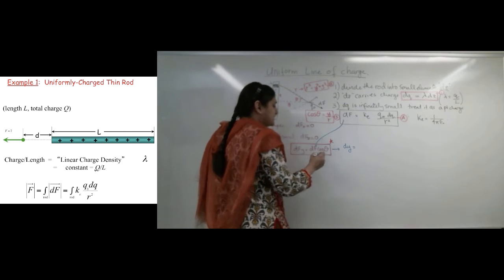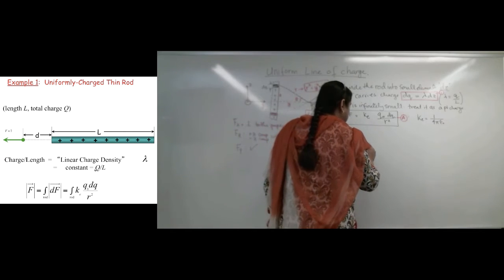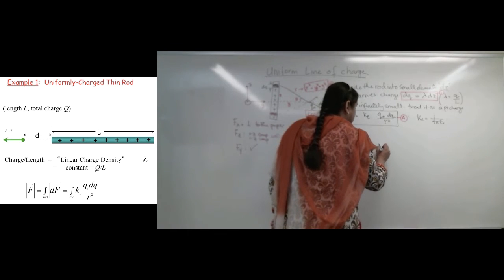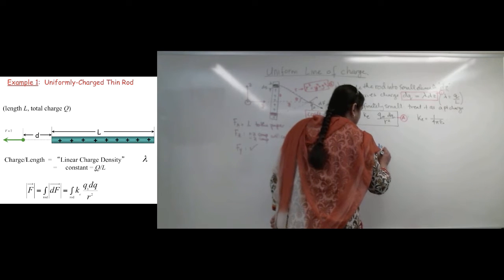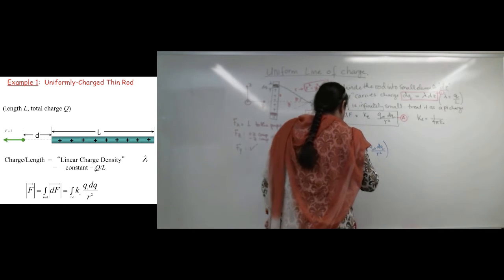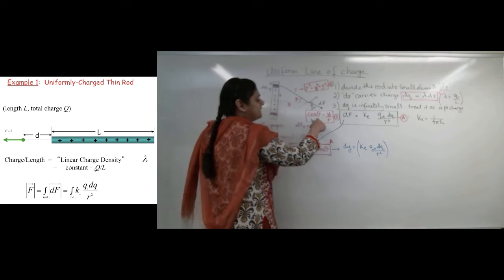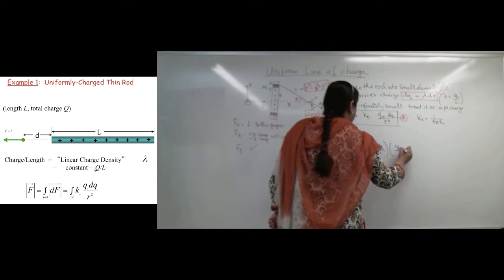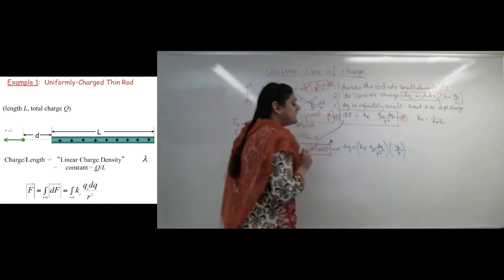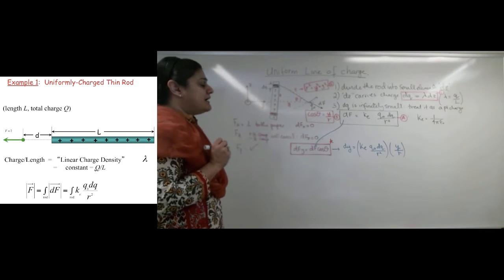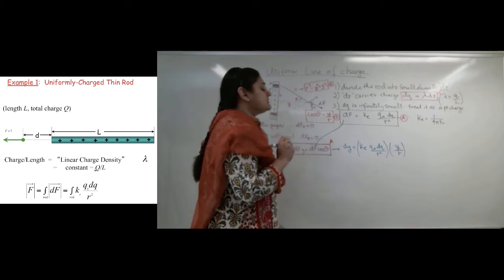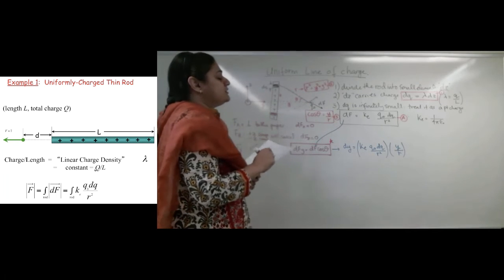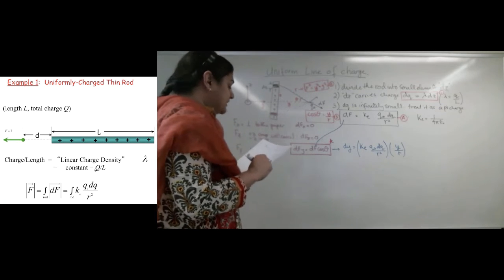Placing it from here, dF will be k_e q naught dq over r squared. And cosine theta, I'm going to get from equation 3, y over r. Now I have k_e q naught dq y over r cubed, right?